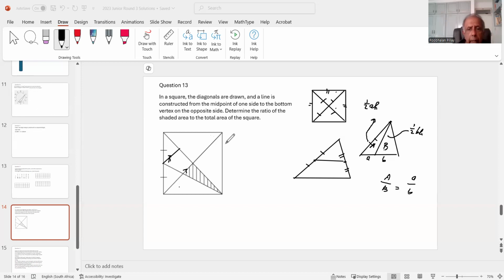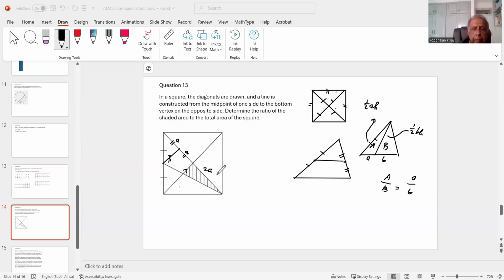Anyway, this line is parallel to this, which means that from the midpoint theorem that I told you earlier, we've got a parallel line. That means these two are now equal. Okay, so that's quite useful because if you call this side A, then this thing here is 2A, which means that this is also 2A.